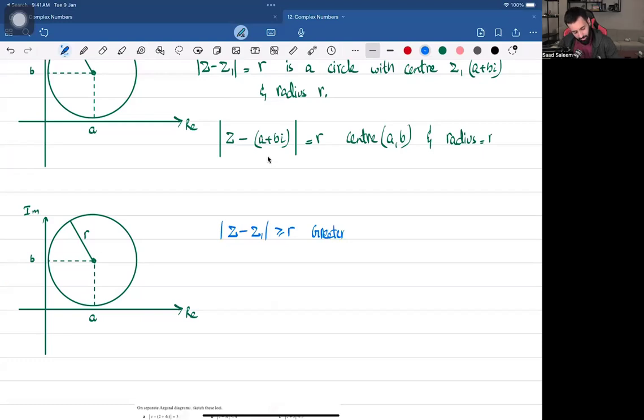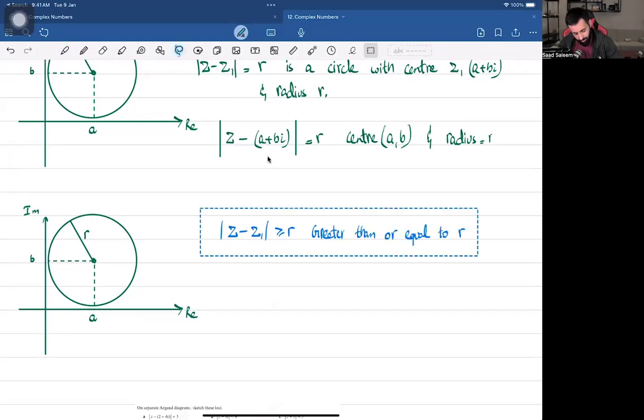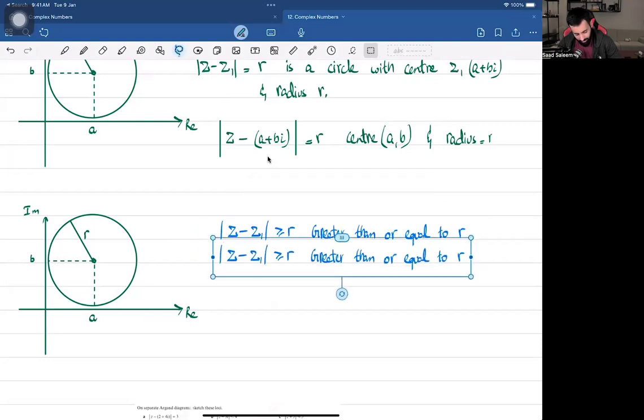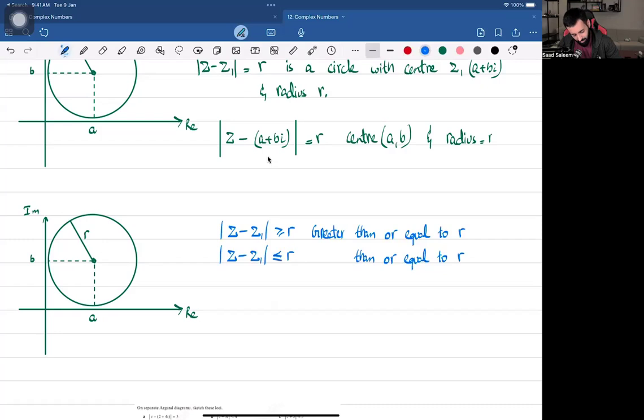So we want to identify the region where z, which is a point that could be in many places, is such that its distance from the center, which is z1, is greater than or equal to r. So this will be outside the circle.